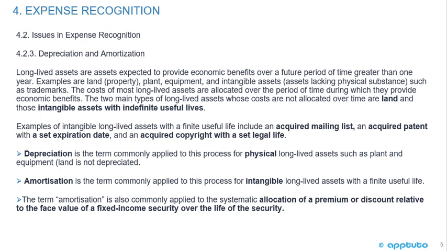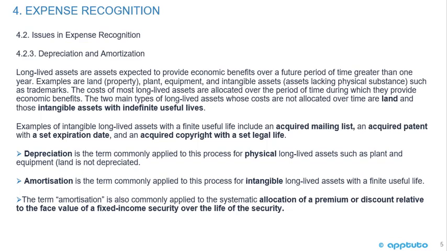So long-lived assets are assets expected to provide economic benefits over a future period of time greater than 1 year. Examples are land, property, plant and equipment, and intangible assets, assets that lack any physical substance, such as trademarks. The cost of most long-lived assets is allocated over the period of time during which they provide economic benefits.